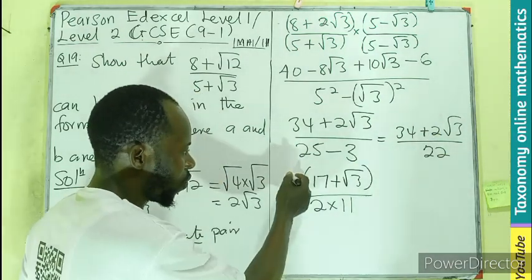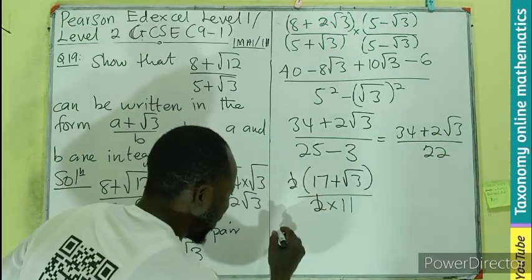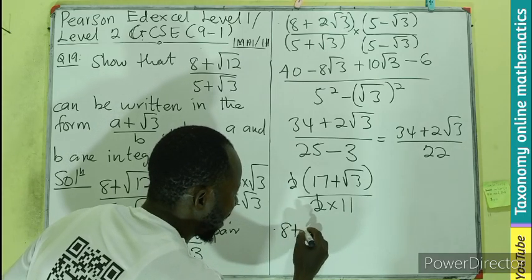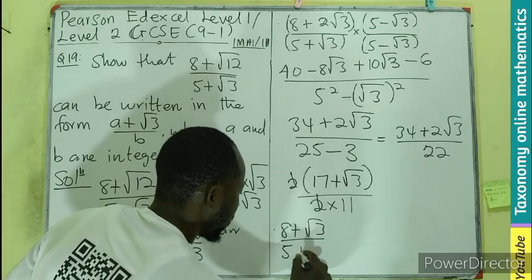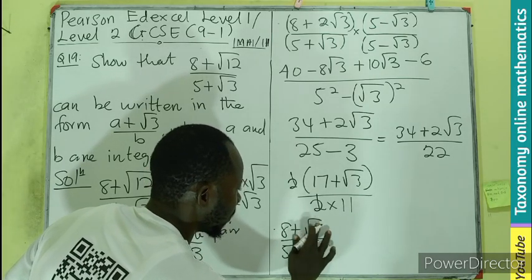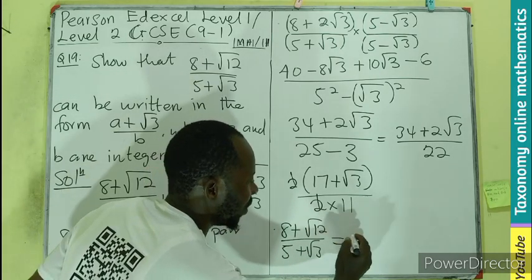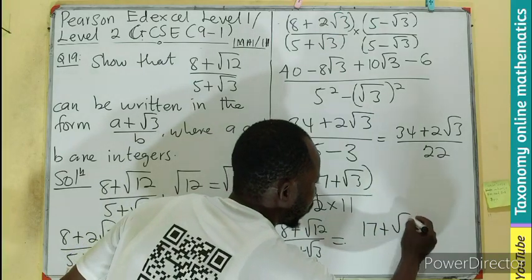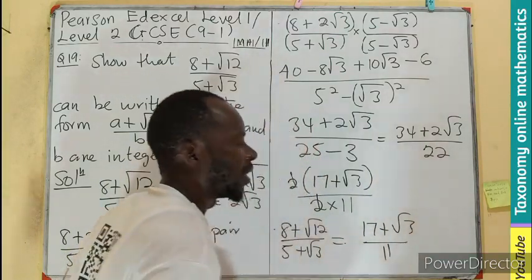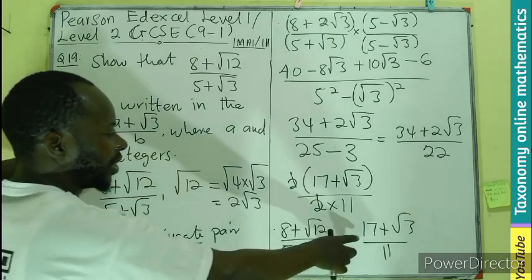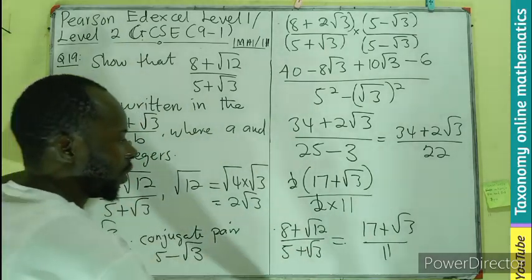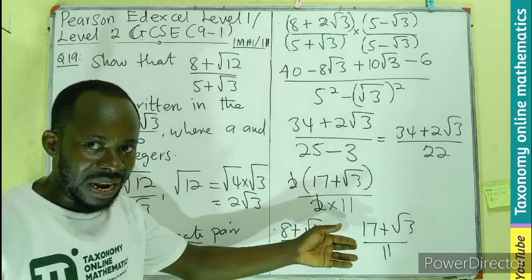So this will cancel this. So we'll be left with 17 plus root 3 divided by 11. Where a is going to be 17, and b is going to be 11, as the final answer.